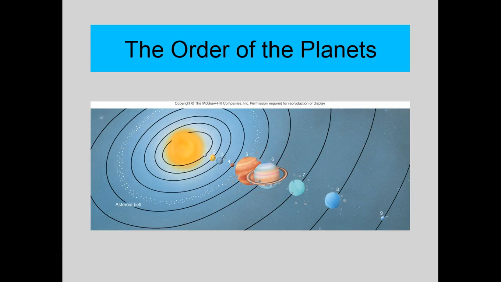Okay? Then Saturn is almost twice as far as Jupiter. So if Jupiter was here, Saturn would be somewhere twice as far as Jupiter. And then Uranus, twice as far as Saturn. Okay? So you're almost doubling what the previous planet was to the next one.